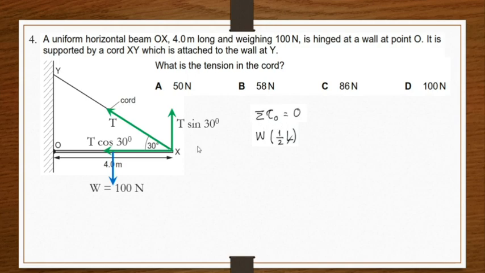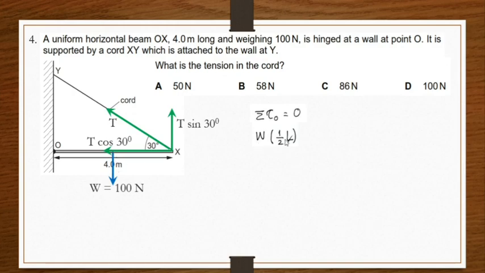The resultant of torque is caused by this weight, which is positive because it will turn the system clockwise, multiplied by the perpendicular distance from the line of action of force to the axis of rotation, and that will be a half of the length of the rod from this point O to that force 100 Newton.